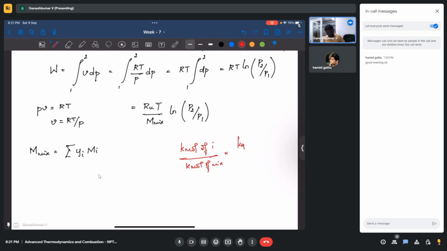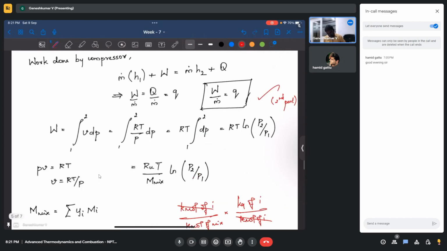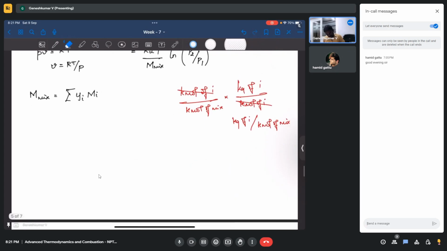Basically, what we are trying to do is sum up kilomole of I by kilomole of mixture. And what we know is xi's are mass fraction, kg of I by kg of mixture.